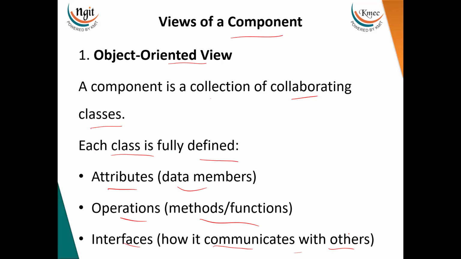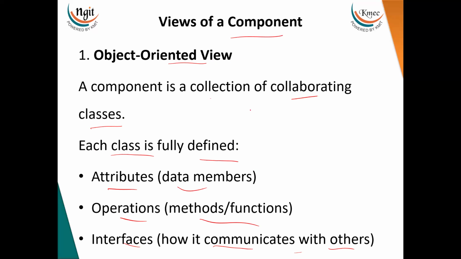To elaborate, we further define each attribute, operation, and interface, and we design the appropriate data structure for the attributes, the algorithm for the operations, and messaging and interaction mechanism for communication.